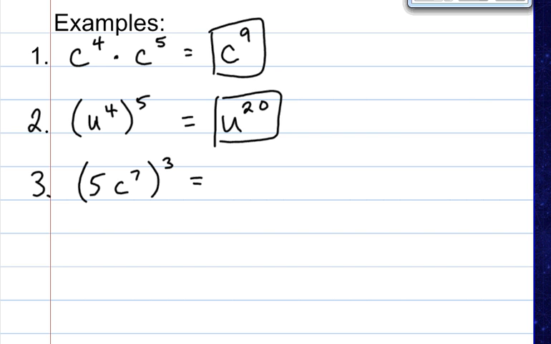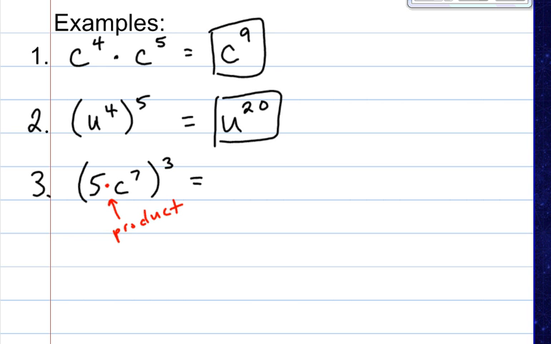Okay, this one's a little bit more challenging. So I have 5 times c to the 7th, and then that whole thing cubed. What I want you to recognize here is that 5 is a number by itself, and it's being multiplied with c to the 7th. So what's happening, I have a product that's being raised to an exponent.